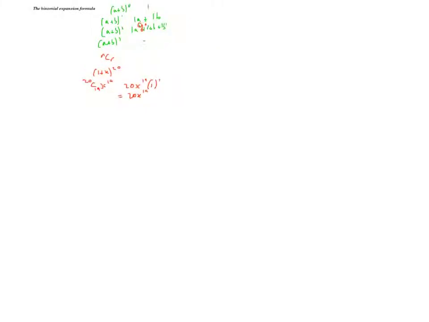Okay, so the actual binomial formula is a plus b to the power of n equals n choose 0. Remember, this is in column matrix form, which is the same as n choose r.